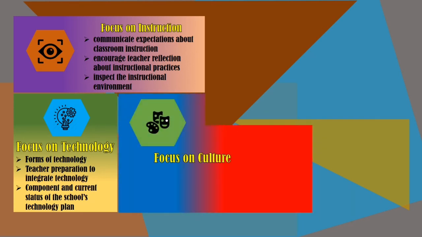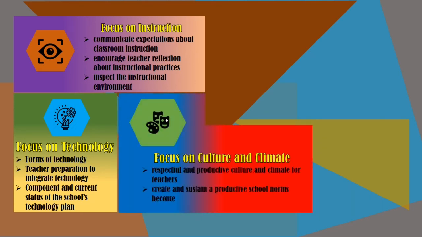Then we have the focus on culture and climate. So these are actually the factors influencing the development of respectful and productive culture and climate for teachers. So how leaders can create and sustain productive school norms with motivated and inspired teachers.